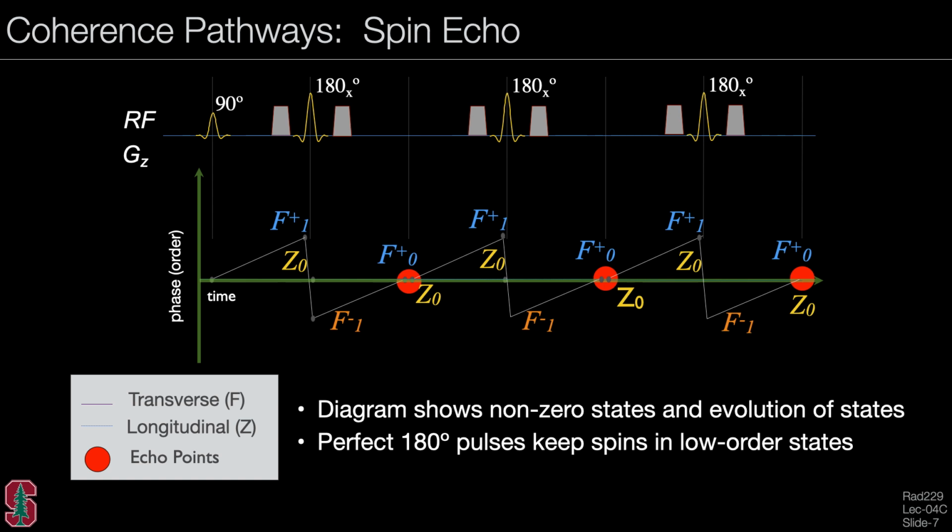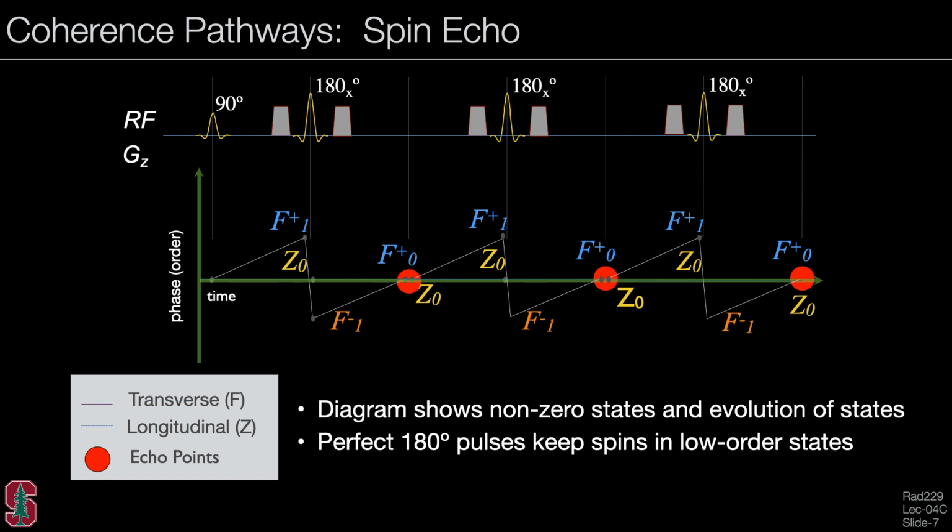Now let's introduce the concept of a coherence pathway diagram. This is a diagram, a timing diagram, where we plot as a function of time the states that exist that have non-zero values. So if we start at the 90-degree excitation, immediately following this upward ramp shows the transition from an F0 state to F plus sub 1, which is a 1 dephase state.